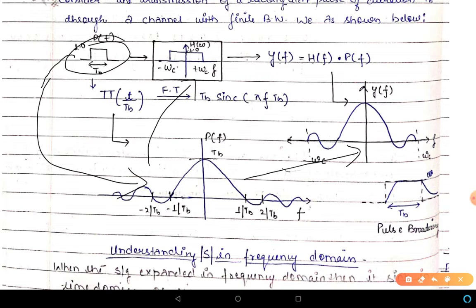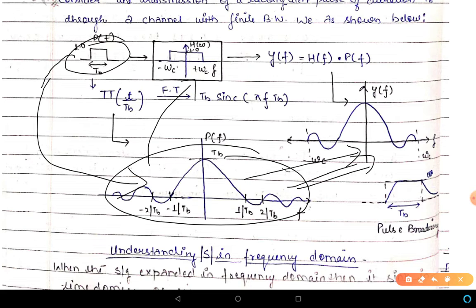Since this band unlimited pulse is converted into a band limited signal, that is why it causes expansion in the pulse.